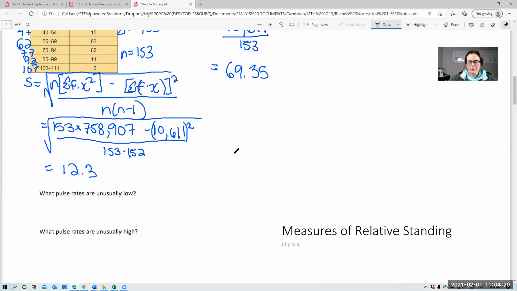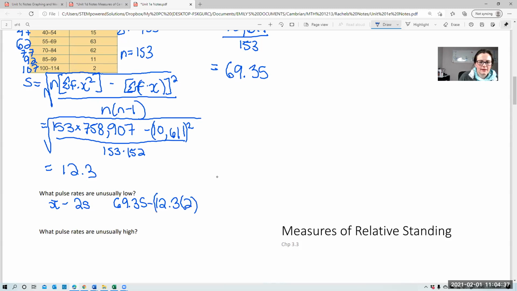How do we determine what pulse rates are unusually low? Again, we use x bar minus 2 standard deviations. So that's basically 69.35 minus 12.3 times 2. This is all in brackets, and don't forget the multiplied by 2.